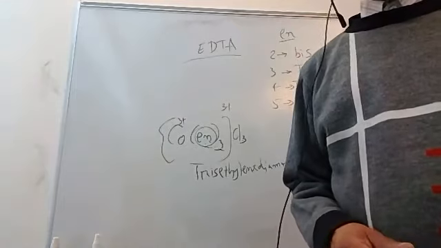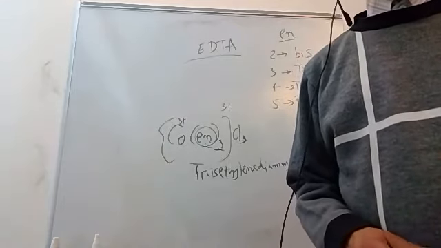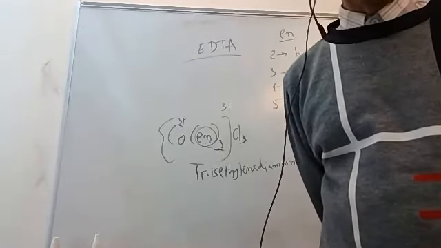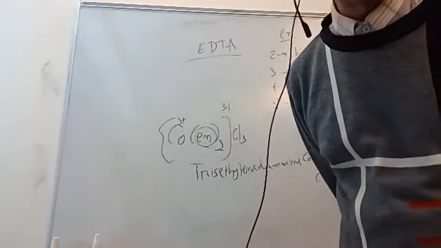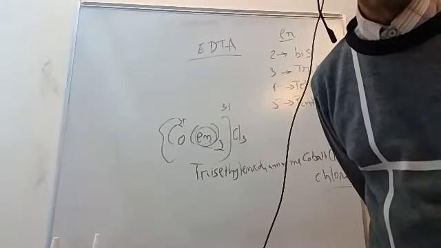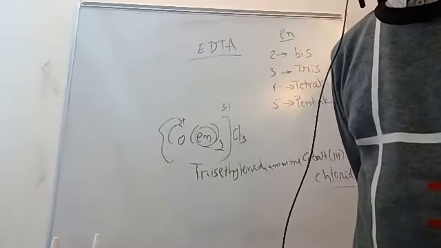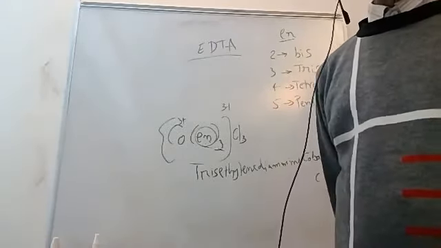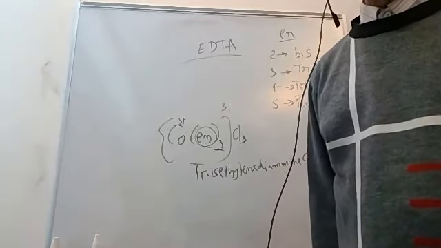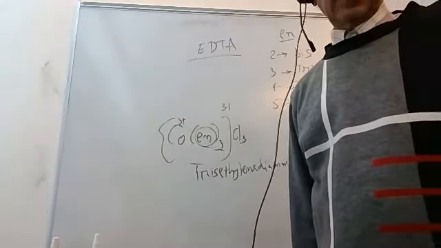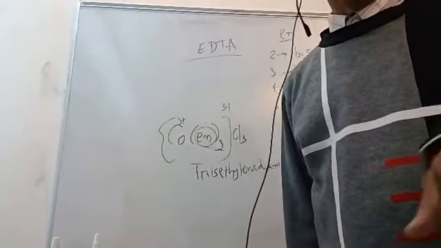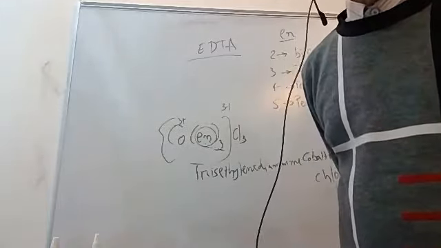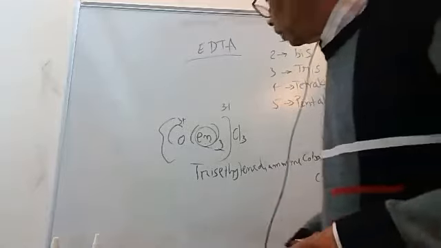It can also act like a ligand. Ethylene diamine tetraacetic acid, right? It's a complexing agent. It's a ligand. It can use 4 of them. There are 2 carboxylic acid groups and 2 amines, right? The carboxylates can also bind with the metal. So do the amines. So ethylene diamine tetraacetic acid is a very important ligand.